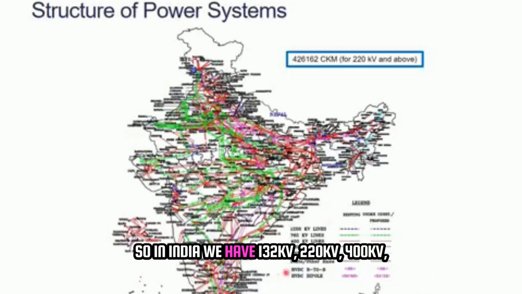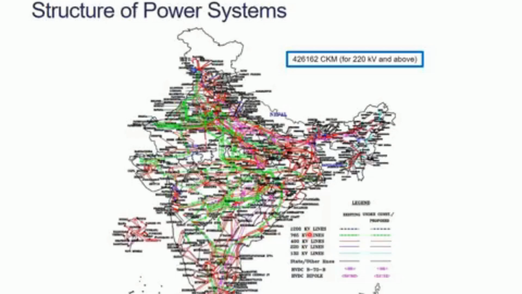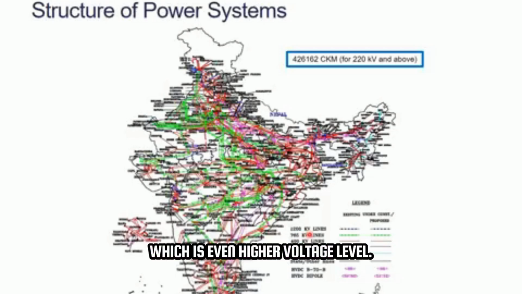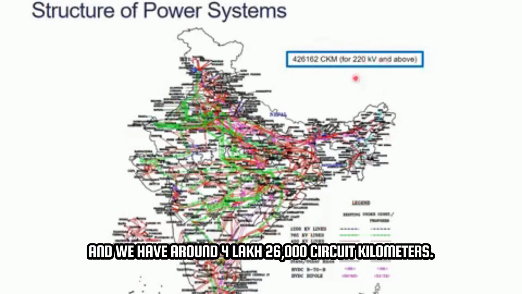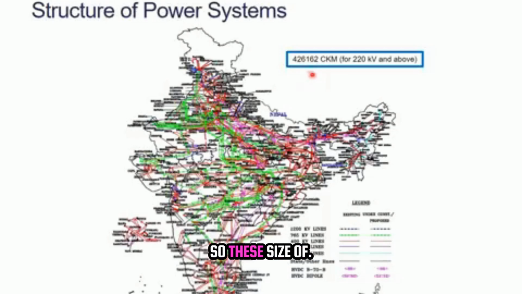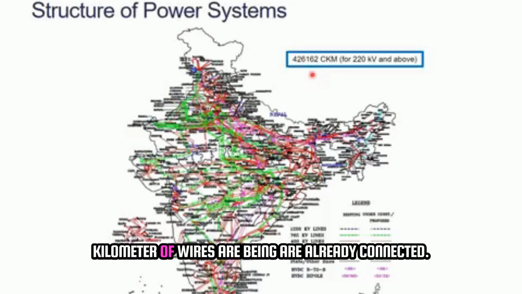In India, we have 132 kV, 220 kV, 400 kV, 765 kV, and 1200 kV lines, which are coming up, an even higher voltage level. And we have around 4,26,000 circuit kilometers of wires already connected.